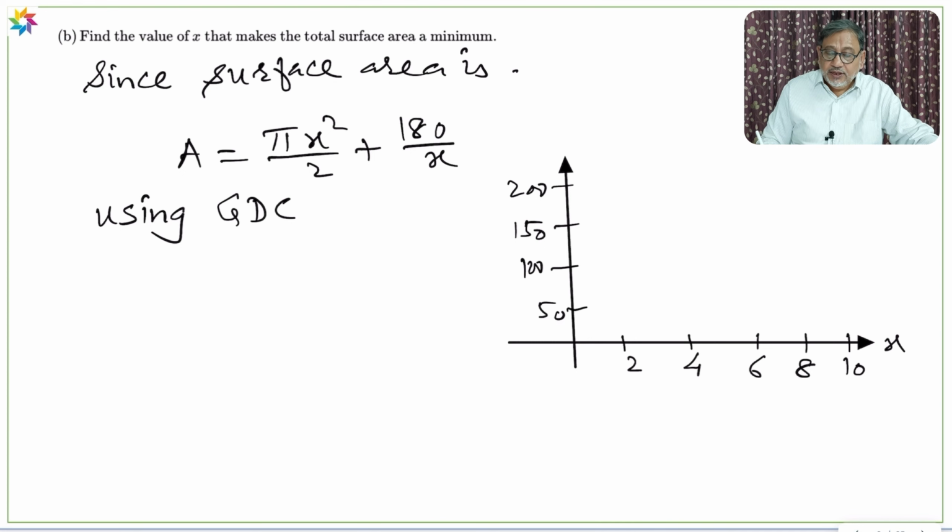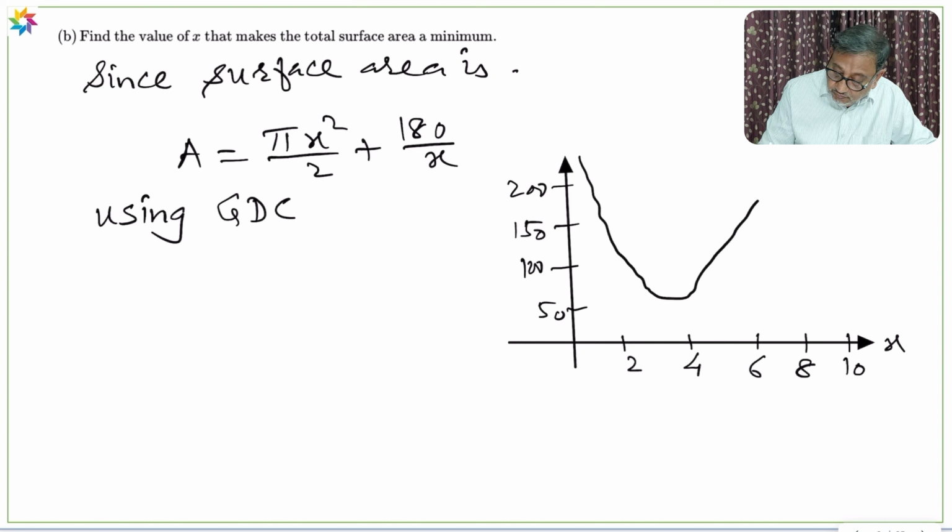Okay, when I plot the graph, it is having minimum value 3.86 and y coordinate 70.0. So the graph is something like this. See, exactly like this I have.